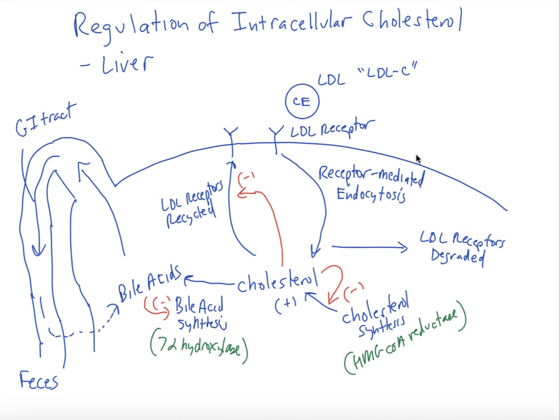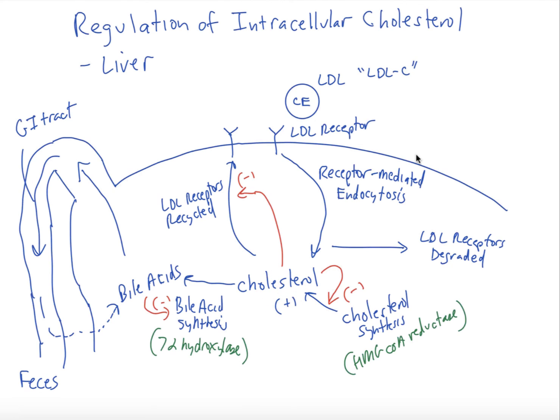Then, if we think about what would happen if we had something that could trap the bile acids and cause you to excrete them out in the feces and prevent this recycling, well, bile acids being decreased in that case would cause an increase in bile acid synthesis, causing more cholesterol to be formed into bile acids, and then you'd have a reduction in intracellular cholesterol, which would then cause more receptors to appear on the surface, and also would increase cholesterol synthesis to bring the cholesterol back to somewhat normal levels.